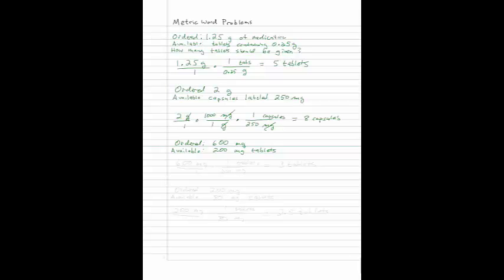So this one's fairly straightforward. We'll take 600 milligrams, and our goal is to convert milligrams into tablets. Milligrams cancels. We'll put tablets on top. And 1 tablet is 200 milligrams. We see milligrams cancel, tablets left. 600 divided by 200. The result is 3 tablets.